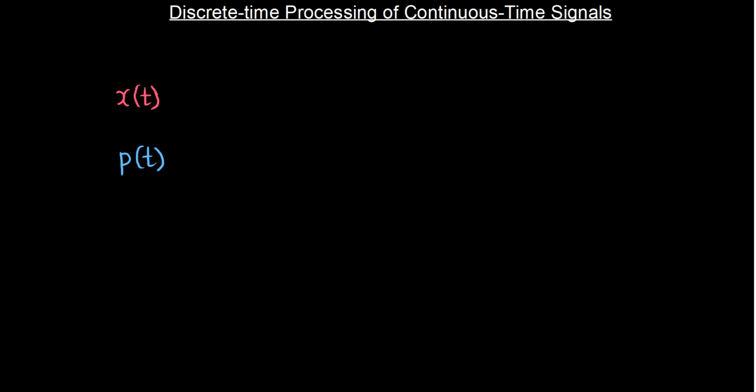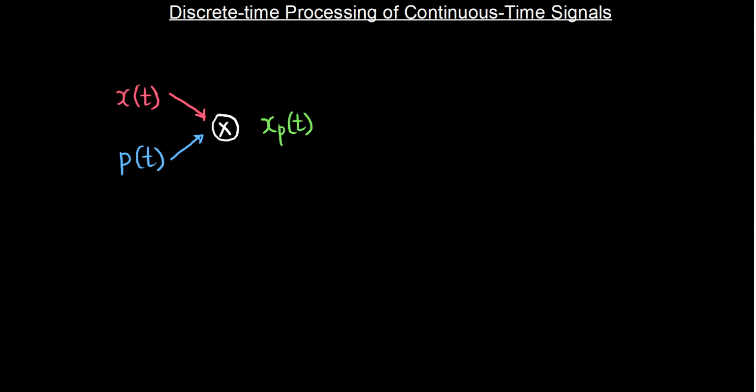I have taken x of t, I have taken p of t, and I have simply multiplied them together in order to obtain a new signal, that is xp of t, and we have seen these steps in the previous lecture.